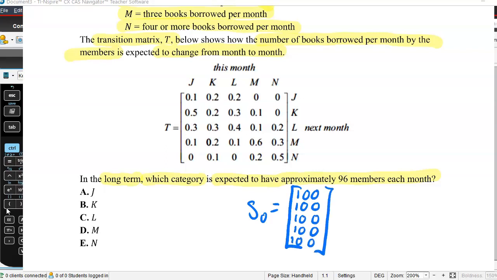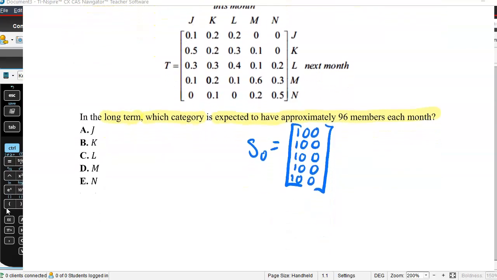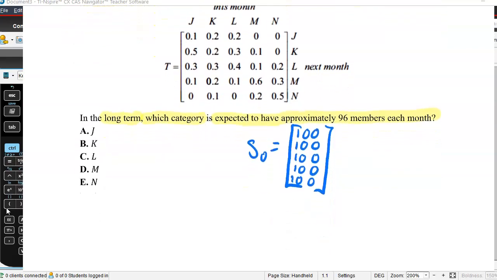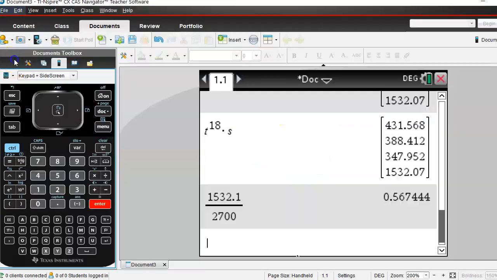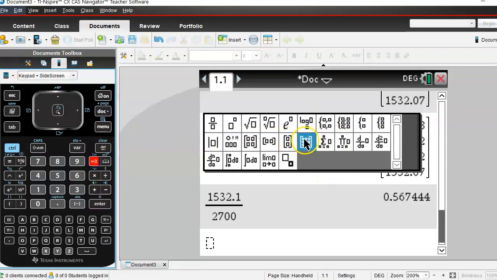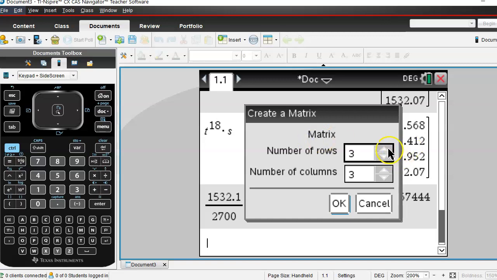Okay, so in the long term, which category is expected to have approximately 96 members each month? So let's put these into our calculator. Okay, so we'll do our transition matrix first.